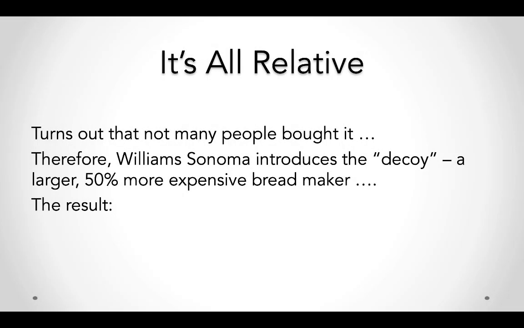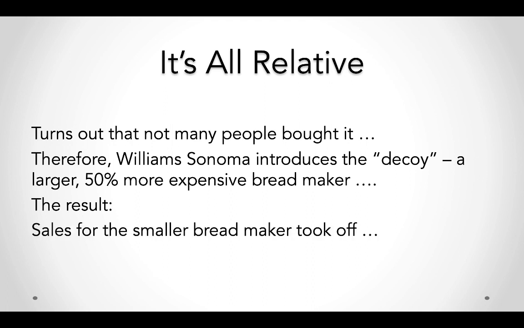So what did they do? They introduced a decoy machine, a larger, 50% more expensive bread maker. What happened to the original $275 machine? The sales of the machine took off because now people can compare the original machine with the much more expensive machine, and they chose the less expensive one.